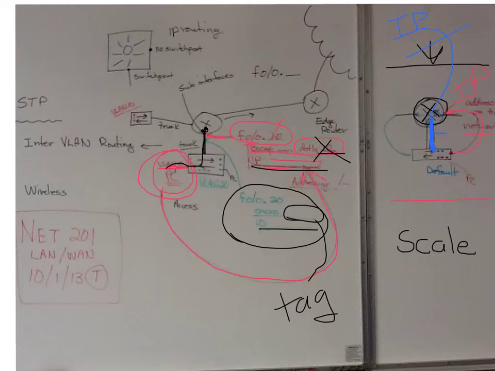And so now it can come down and go to a PC on that green network. And of course, you'd set up the same thing for the blue. So we can do inter-VLAN routing inside this router.